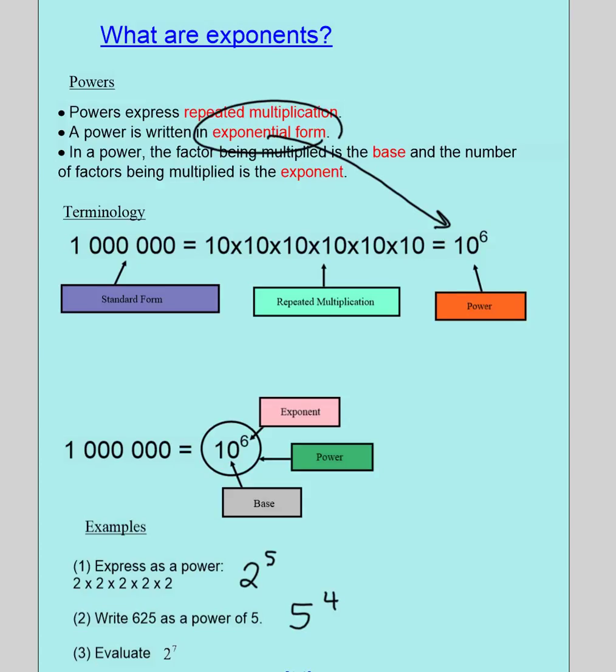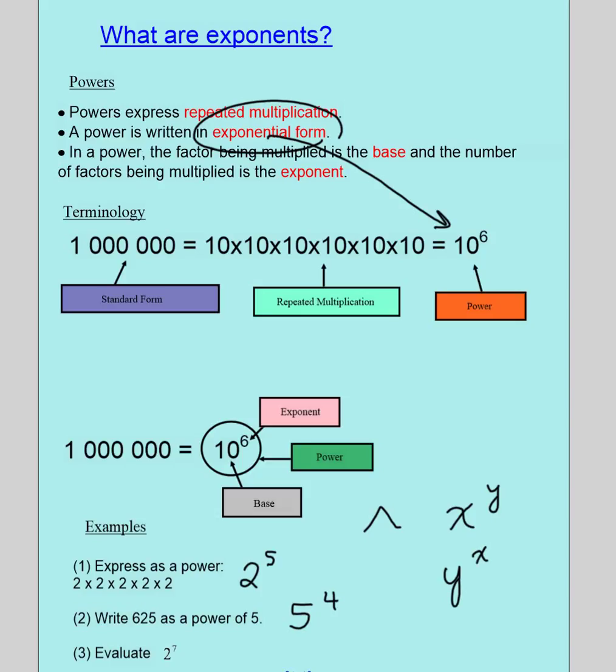And then evaluate 2 to the 7. That just means figure out what 2 to the exponent of 7 is. On your calculator, there are a few different buttons for exponents. Some of you might have a button that looks like that, and you'd punch 2 and then that button and then your 7. Some of you might have a button that looks like this or this, and so you'd punch 2 and then this button and then 7.